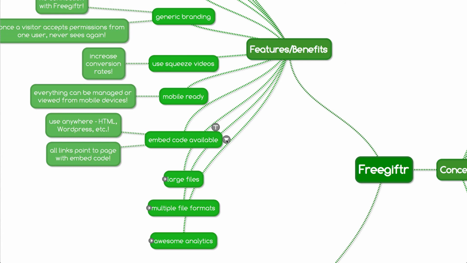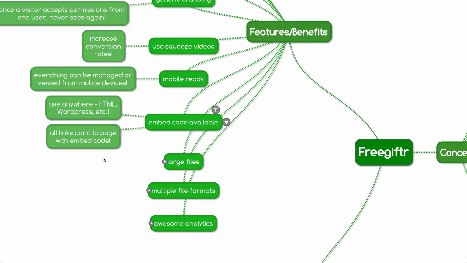So we've given you a little piece of code that you can put into your custom CSS, and that's all inside the tutorials in the admin area. All the links, whether on Facebook or anywhere you post them, will now go to where you have the embed code. Everything points to that page. That's a very big feature.